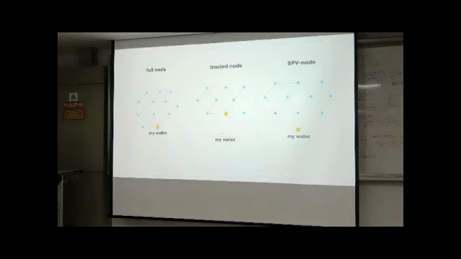So, let's summarize what I said before. We have the full node, the trusted node, and the SPV or simple payment verification node, which is three types. We use them now especially in Litecoin and also in Bitcoin and other cryptocurrencies.